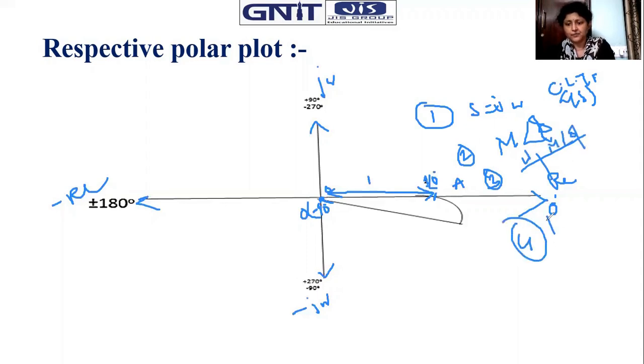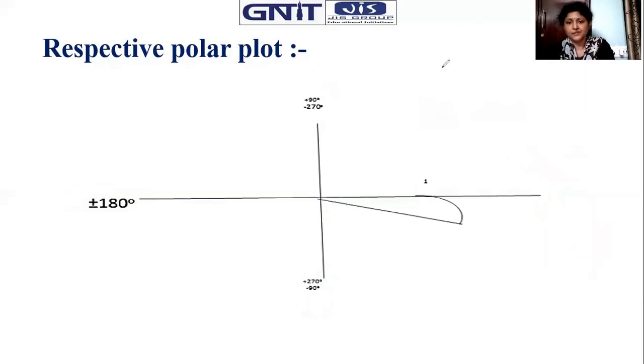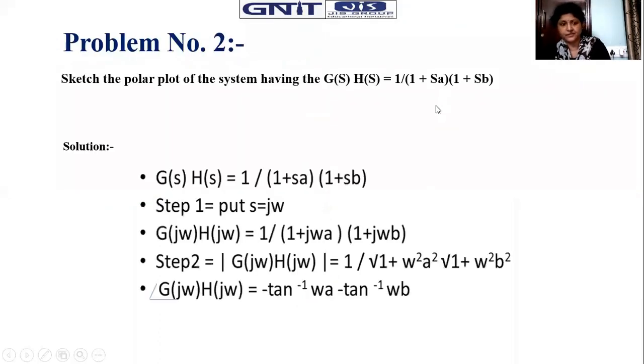Fourth, sketch the polar plot. The phasor starts from 1 at 0 degrees and ends at the origin with the angle minus 90 degrees. Let me clear my sketch and move to the next part.